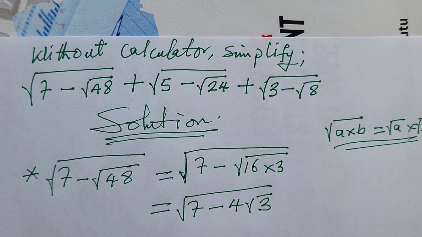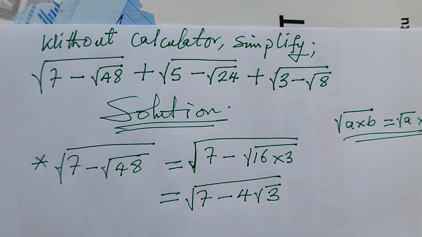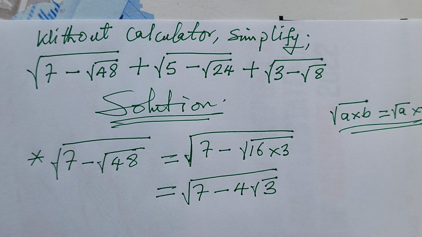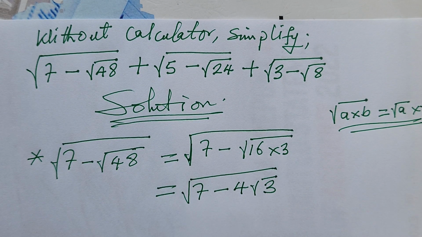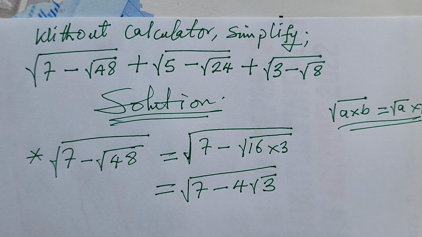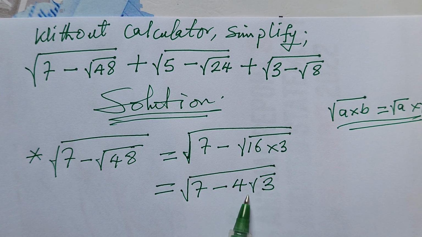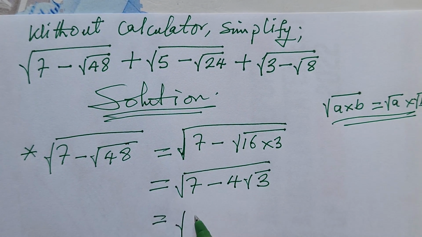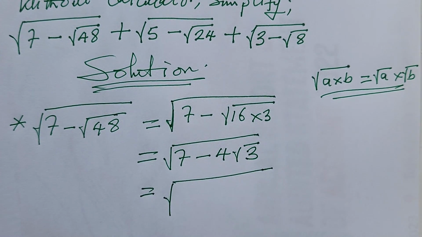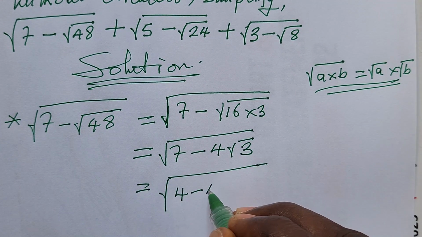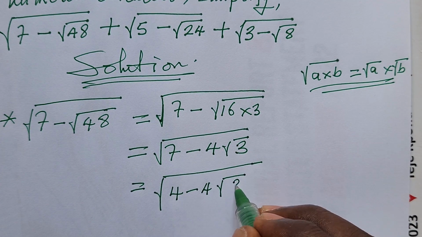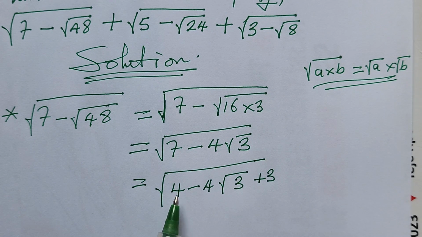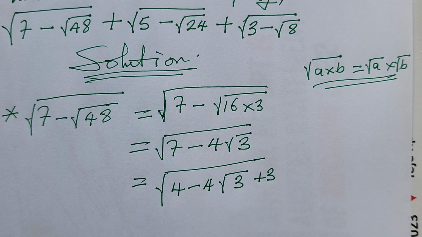Now, here comes where we have some challenge. We have to rewrite the whole of this expression so that we have a square from it, so that with that square we can cancel out this square root here. If we consider this expression 4 root 3, then we can rewrite the 7 as 4 plus 3: we have square root of 4 minus 4 times the square root of 3 plus 3, because 4 plus 3 will give us 7.